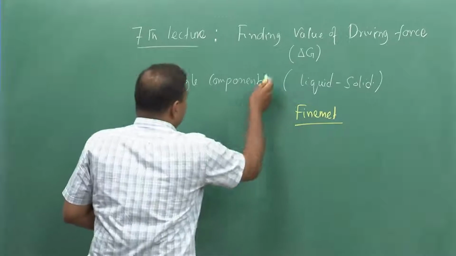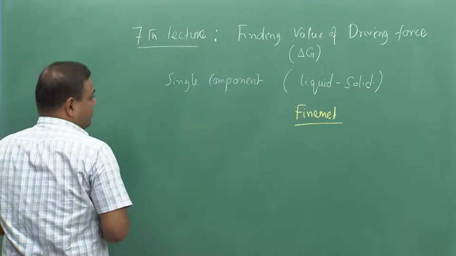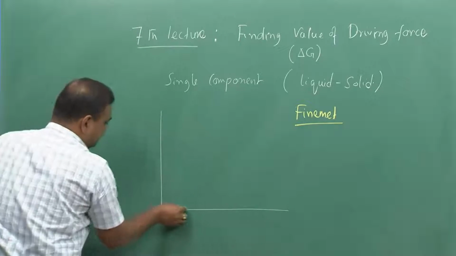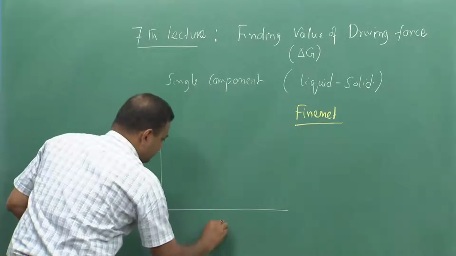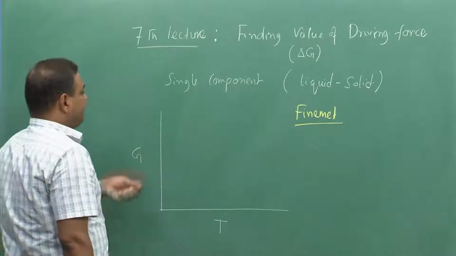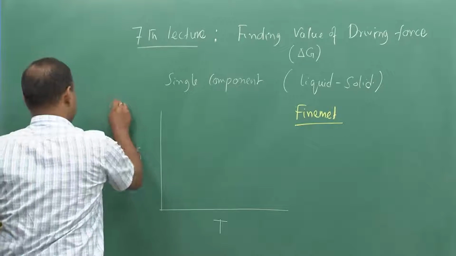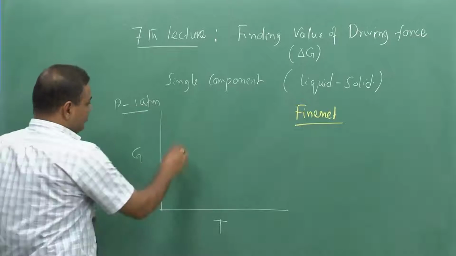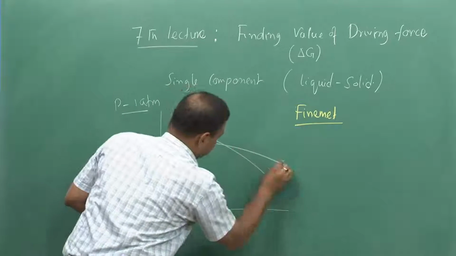Now, we have seen from our previous lectures that in the case of solid liquid transformation, if we plot G versus T for a single component system at constant pressure, let us consider 1 atmosphere, we get this kind of graph.